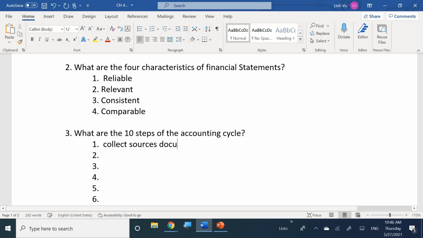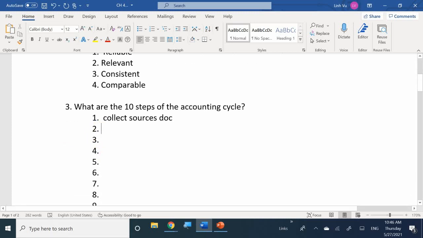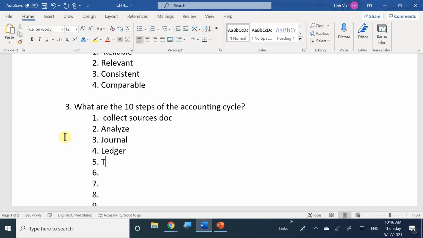Collect source documents, analyze and sort data, record transactions in a general journal, post entries to the general ledger, and prepare unadjusted trial balance.